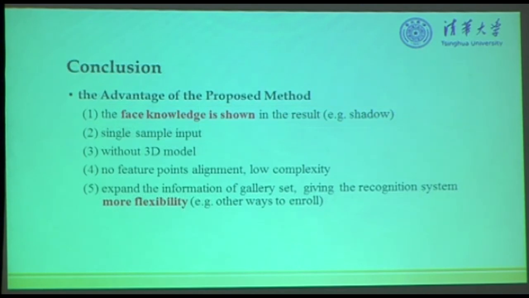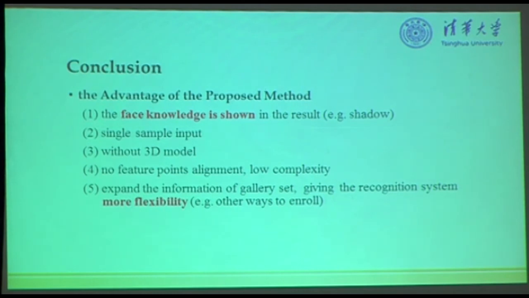So to sum up, our method has these advantages. First, our generated illumination contains face knowledge, such as shadows. That is because the knowledge has been contained in our database, our bootstrap.